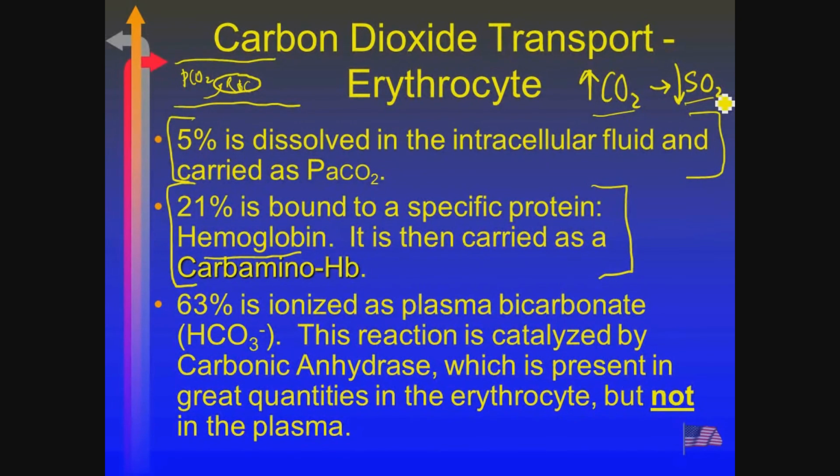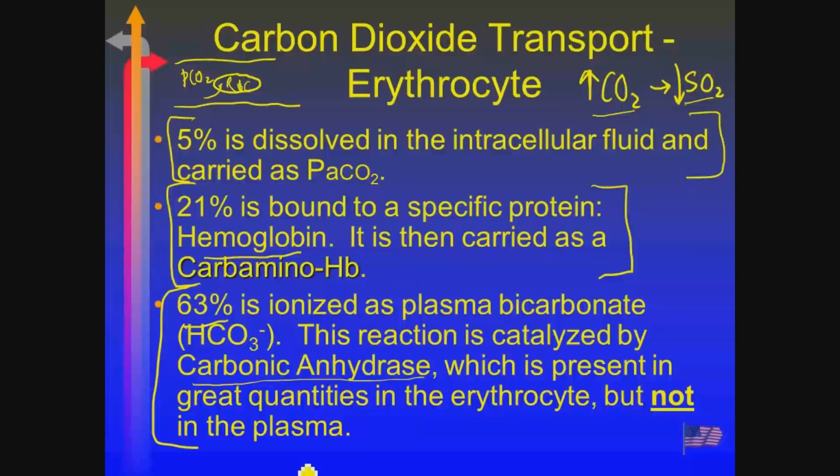Dissolved, carried with a protein, and as bicarbonate. And we're going to find that this is the biggest component, 63%, ionized as plasma bicarbonate because carbonic anhydrase is present within the erythrocyte. It's one of the few places in the body that carbonic anhydrase is present.